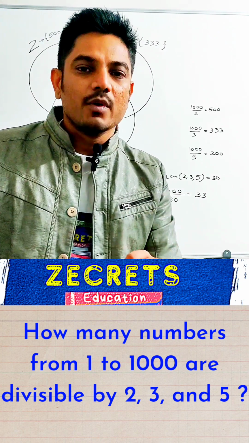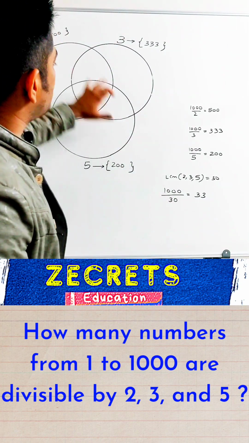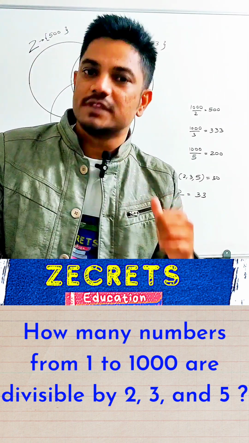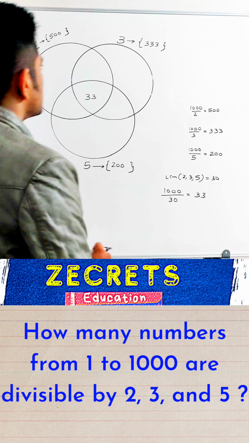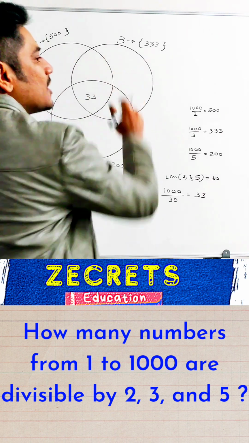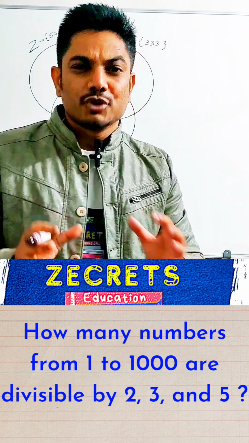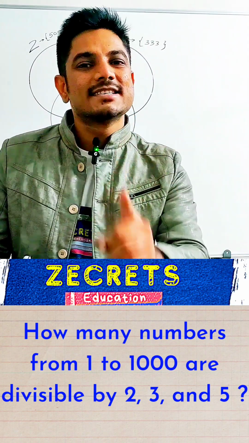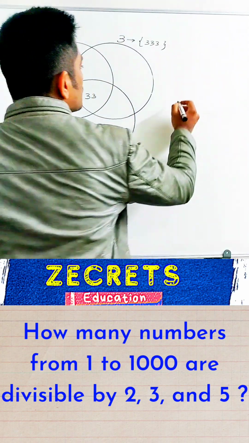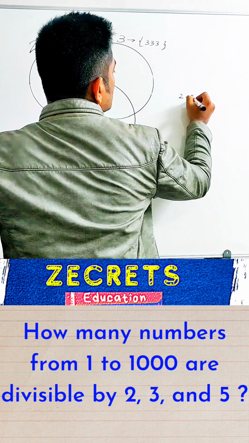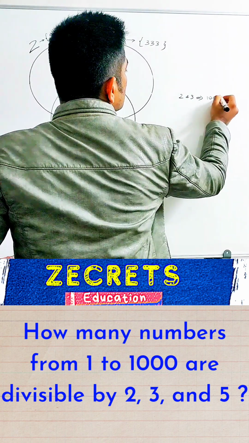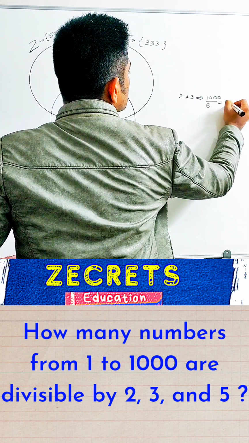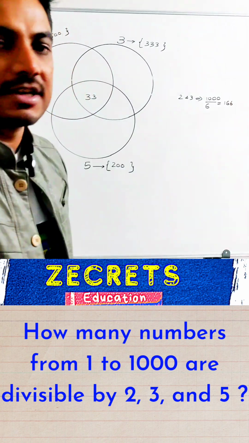And done. Now we will try to find out these parts which are numbers divisible by only 2 out of these 3. Let us first find out numbers divisible by 2 and 3. Alright? So numbers divisible by 2 and 3 means numbers divisible by 6. That is their LCM. So 2 and 3: 1000 divided by 6, which is 166.